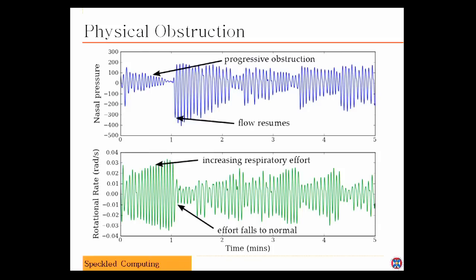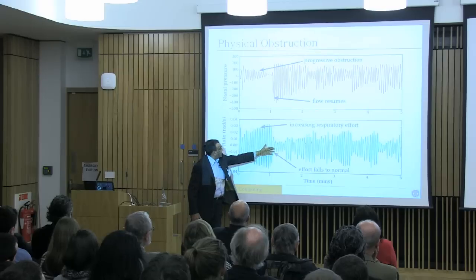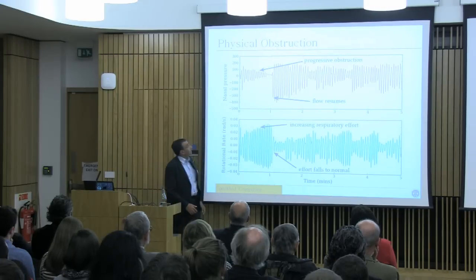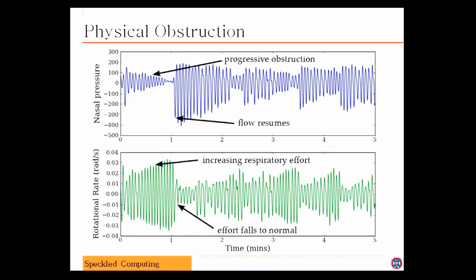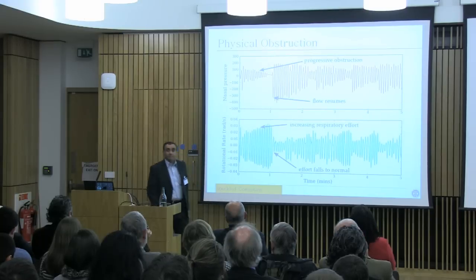So there are examples where there is progressive obstruction, with a huge effort from the patient which relieves it, and it goes back to normal breathing. You can see that the flow goes low and then goes up, which correlates with the increased effort here.